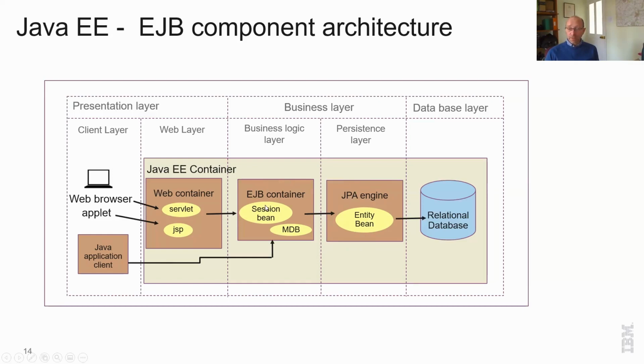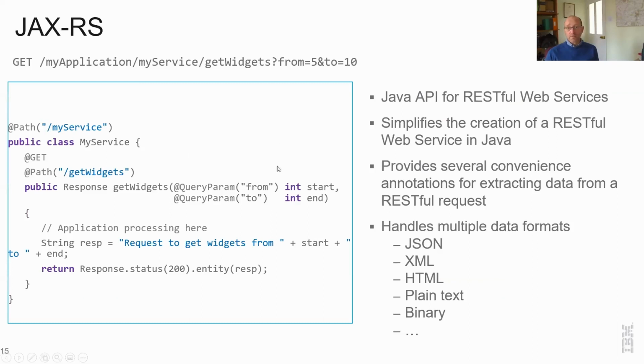EJBs, you can have session beans and message-driven beans. Java clients can communicate with those, or it's quite popular to have servlets directly talking to session beans. So full Liberty EJB support is available in CICS if you're invested in EJB.